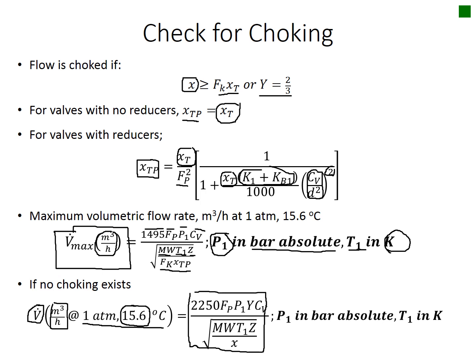So the coefficient 2250 takes into account the upstream pressure, and we calculate it at 1 atmosphere. And these are the same conditions for the choked velocity, which is also at 1 atmosphere and 15 degrees C.